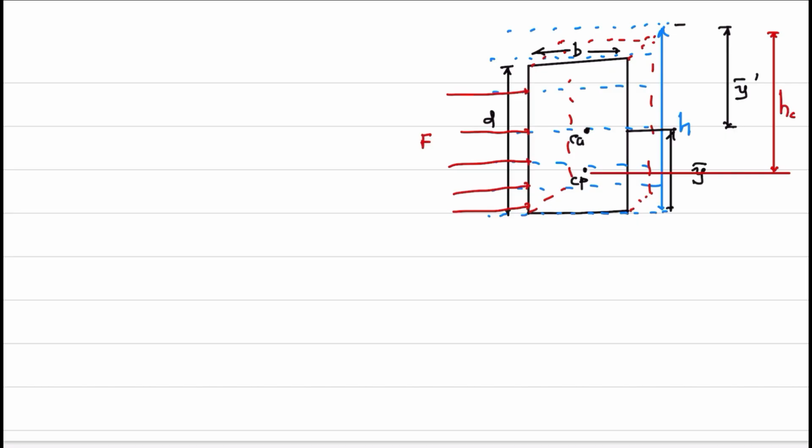Hence, total pressure is equal to rho g h c. Some books may write it as h bar, or rho g h bar.